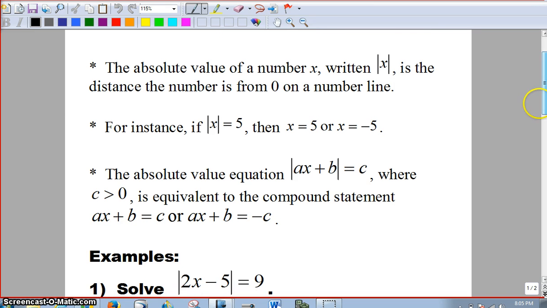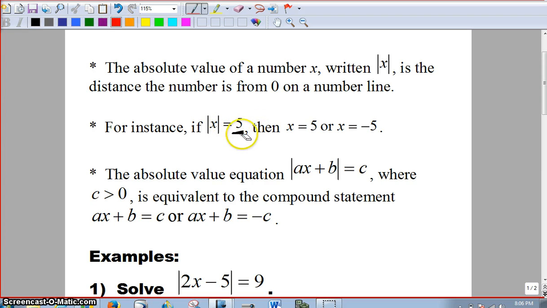First of all, we know that absolute value is how far the number is away from 0 on a number line. So if I say that the absolute value of x is 5, then I know that x has to be either 5 or negative 5, because those are the two numbers that are 5 spaces away from 0.